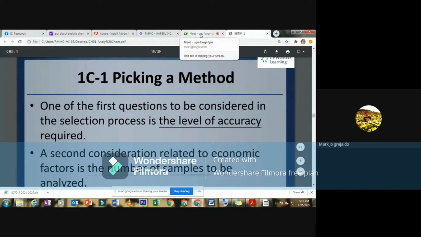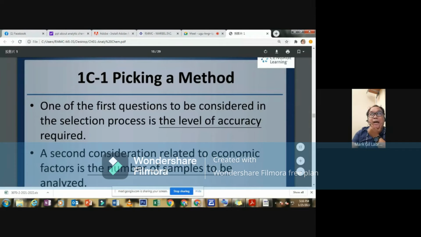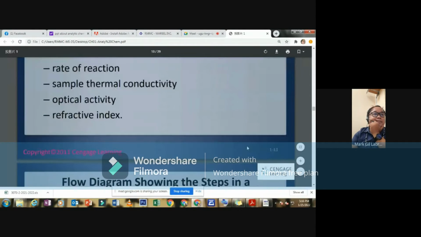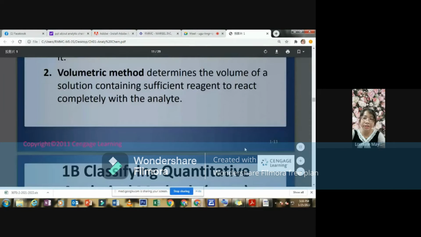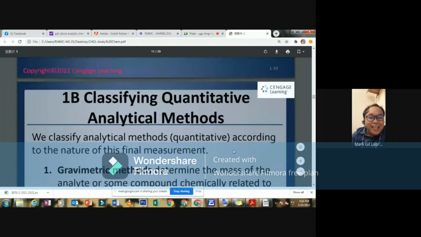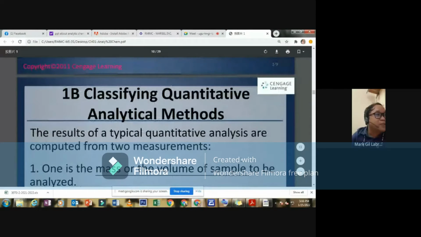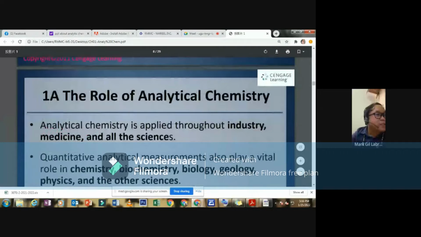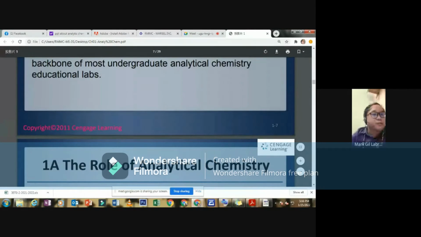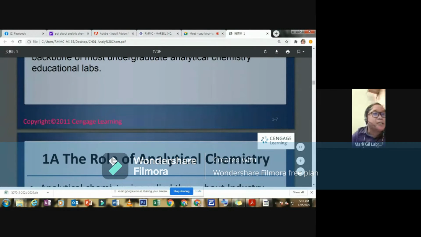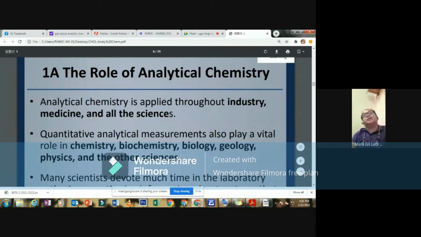Mass, sir. Aside from mass, very good. What else? Temperature, sir. Volume. Temperature, correct. Volume, correct. So we also use volume, mass, yung ginagamit natin.